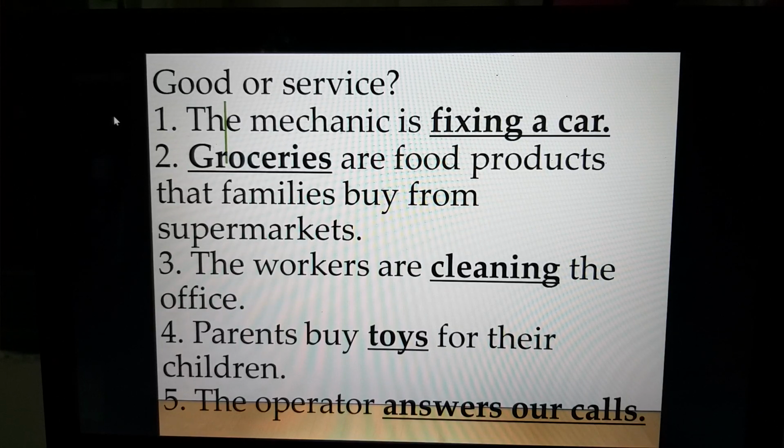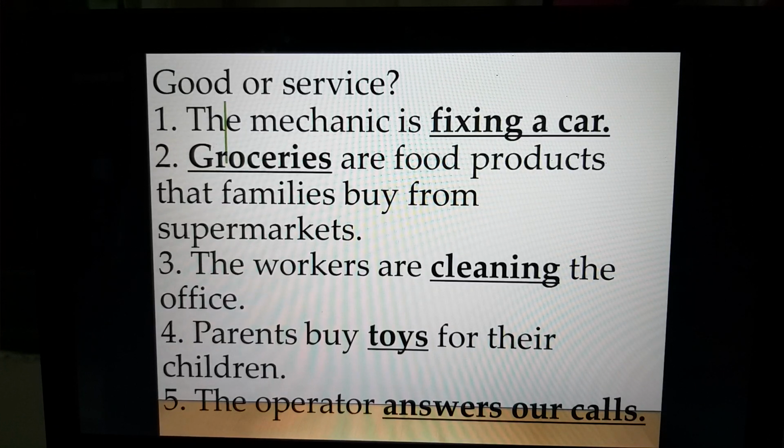Number two, groceries are food products that families buy from supermarkets. Groceries, is it good or service? Yes, they are goods. Number three, the workers are cleaning the office. Cleaning, is it good or service? Yes, it is service.